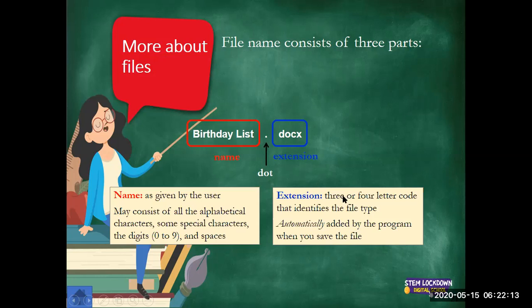The extension is a 3 or 4 letter code that identifies the file type. For example, this one we know is a Microsoft Word document. So how do we recognize that this file is of this type? It can be opened by this program. We always check by its file extension, which is automatically added by the program when you save the file, or you can also create it.